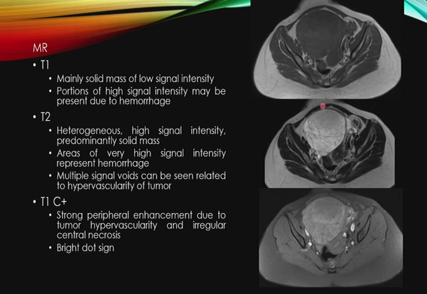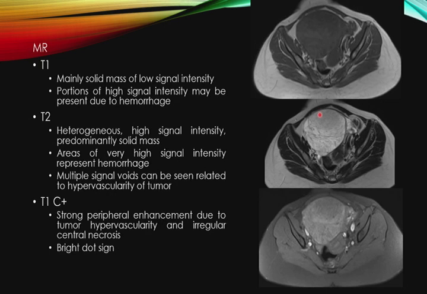In T2, high signal intensity, predominantly solid mass. Areas of very high signal intensity represent hemorrhage, and multiple signal voids can be seen related to tumor hypervascularity.